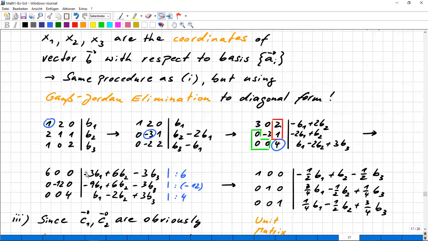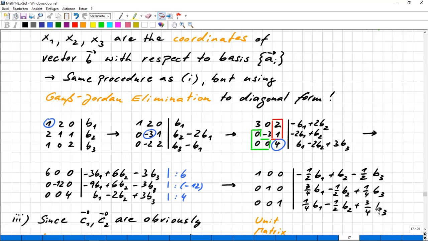I think that's easy, okay? Divide by 6, minus 3, 6, and then reduce to shortest numbers, you get minus 1/2 b1, and so on. This gets a whole b2, this gets minus 3 by 6, then times b3, shortest numbers, minus 1/2 times b3, and so on. So in the end, you can control it.